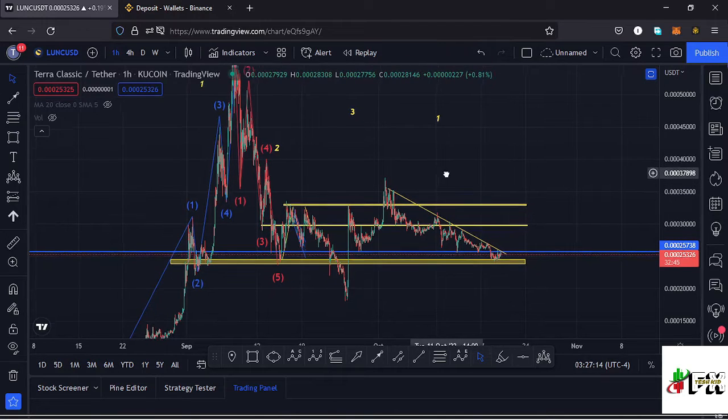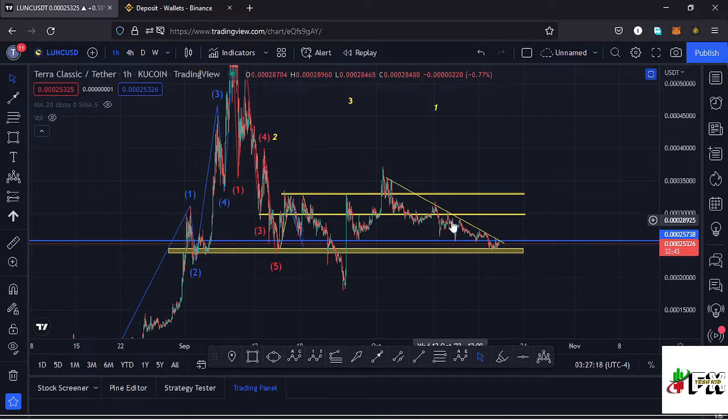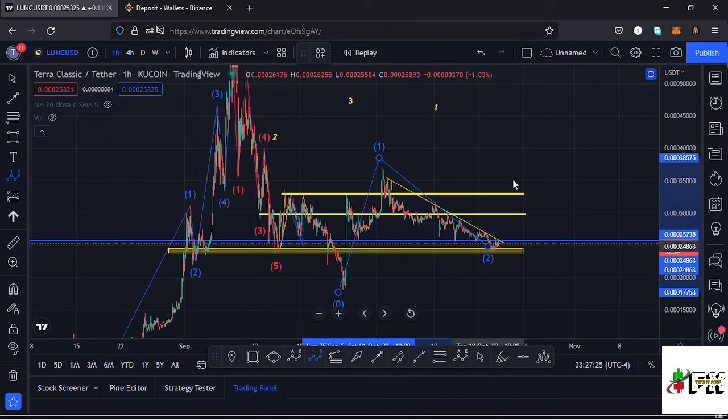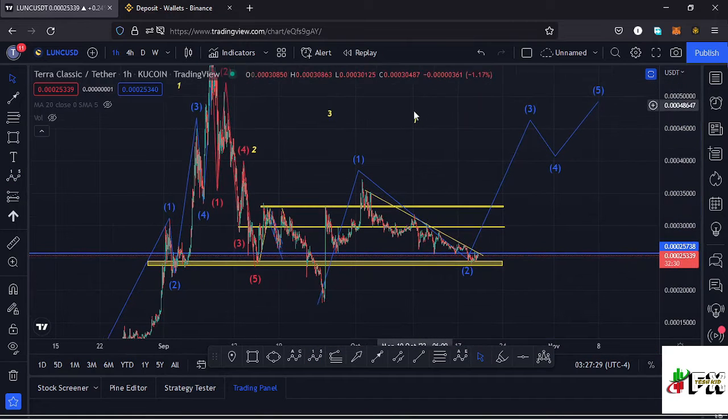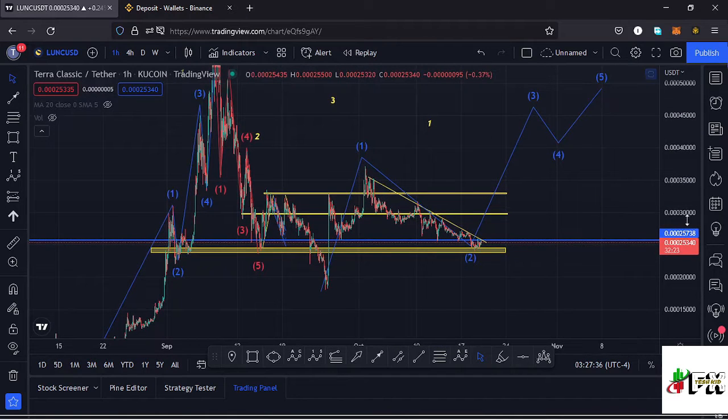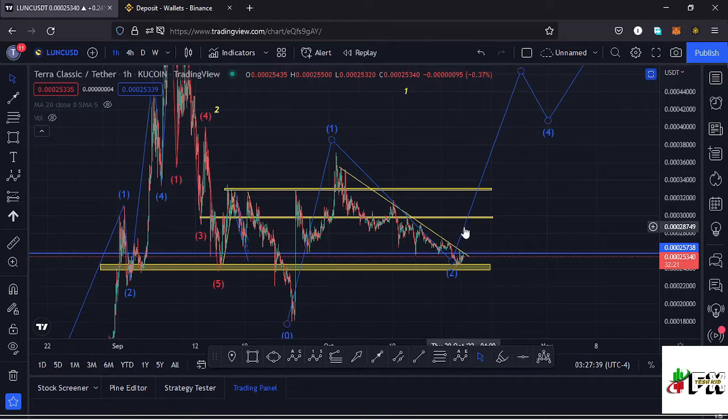And after making that high, we saw a very impulsive movement to the lower side in the formation of a wave 2. So this movement right here, I can term it as an Elliott wave structure, having that as the wave 1, then a wave 2, then I'm expecting a wave 3, a wave 4, and then a wave 5 to complete a higher Elliott wave count 1, which is a fractal wave within this higher Elliott wave count 3.